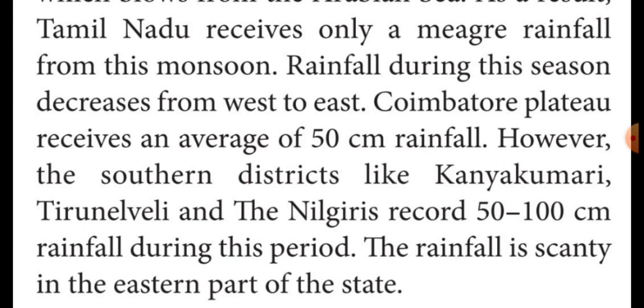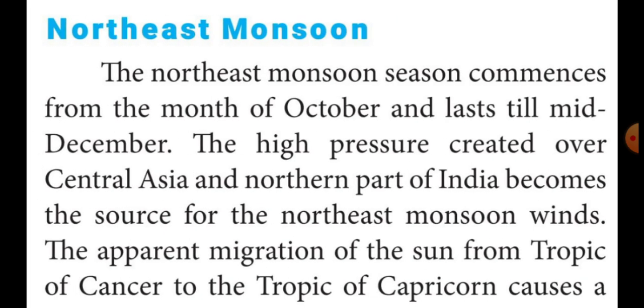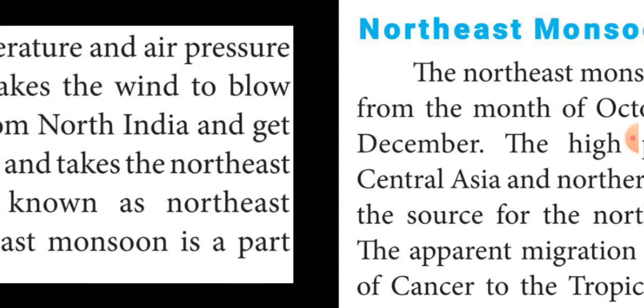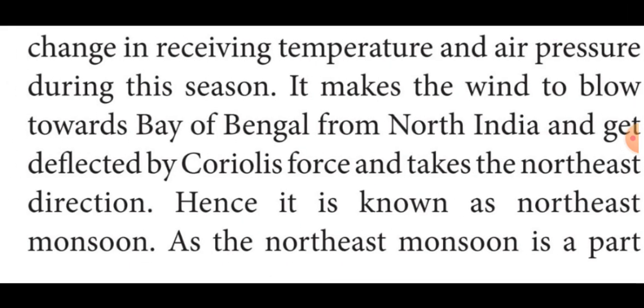Then the last one is the northeast monsoon, during the period of October to December. In this time, the sun migrates from the Tropic of Cancer to the Tropic of Capricorn. So it causes a change in temperature and air pressure during this period.